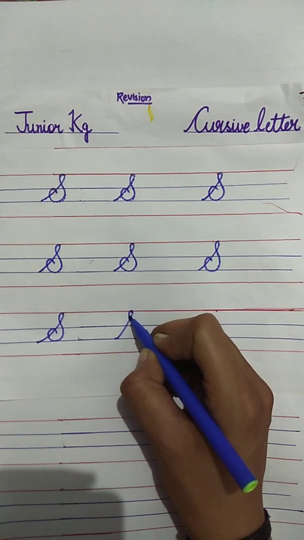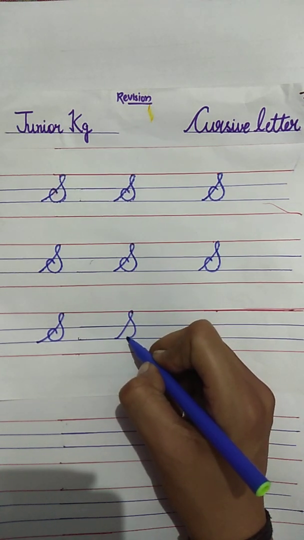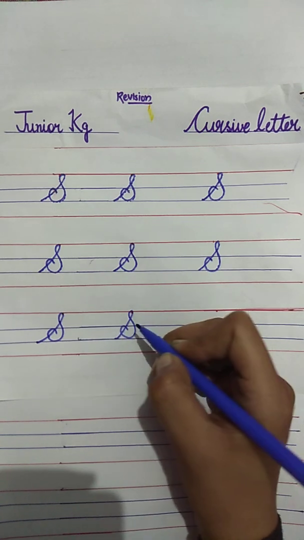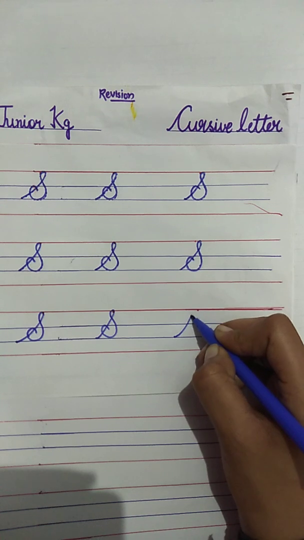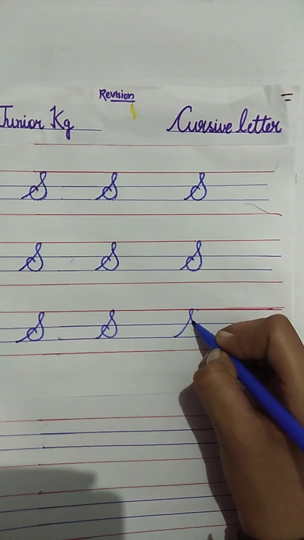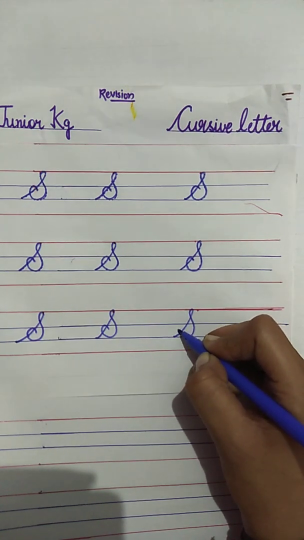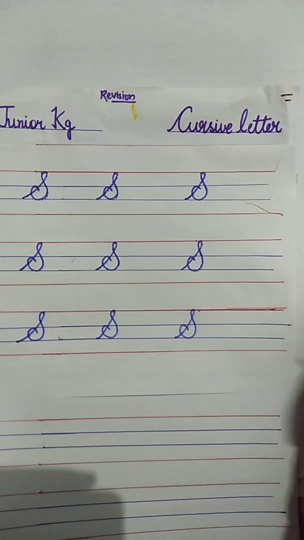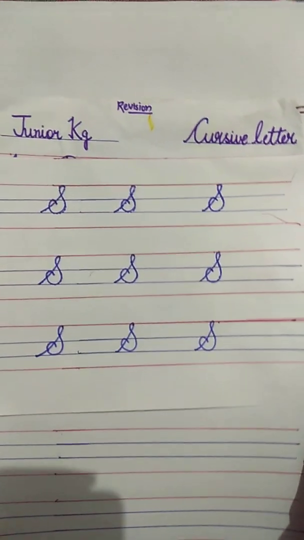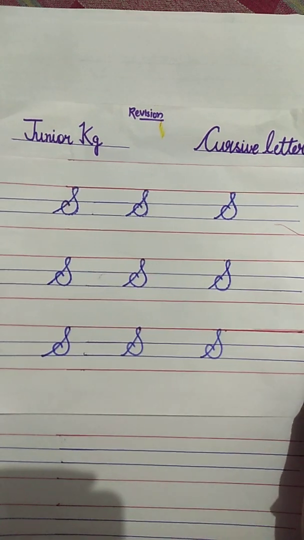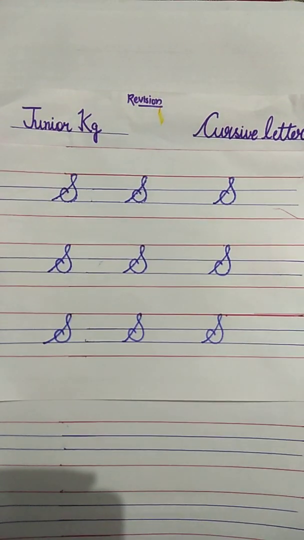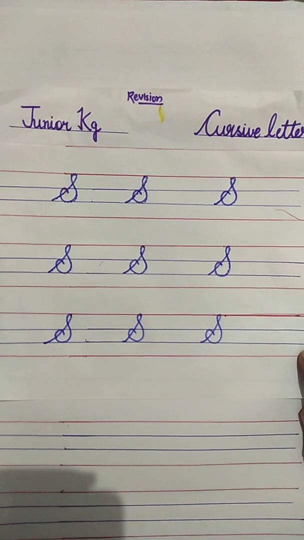A slanting line, a loop, a semicircle, and a curve. S for sailor. See here. A slanting line, a loop, semicircle, and a curve. S for sailor. The spelling of sailor is S-A-I-L-O-R. Sailor.